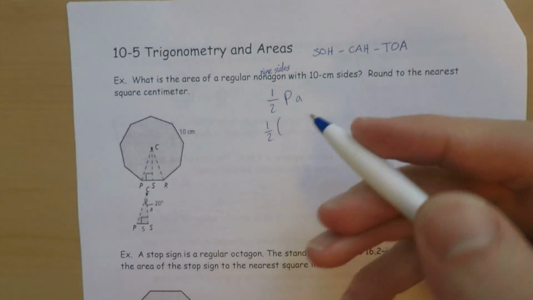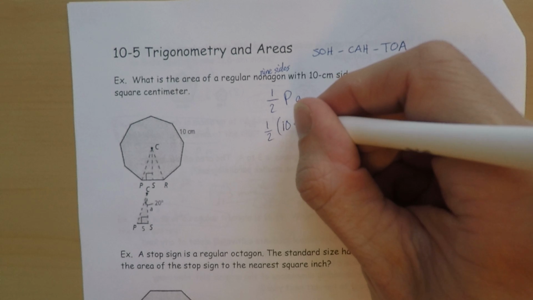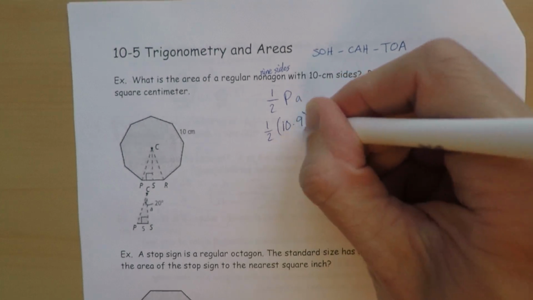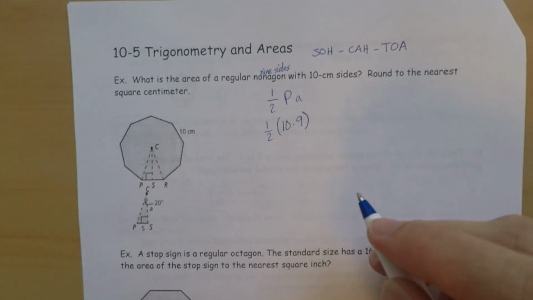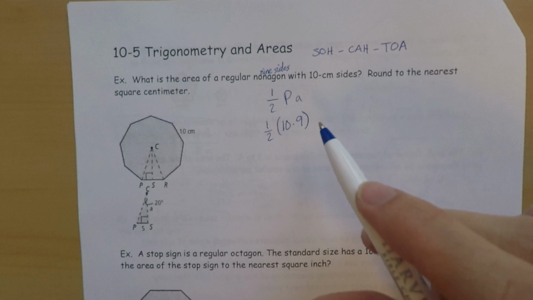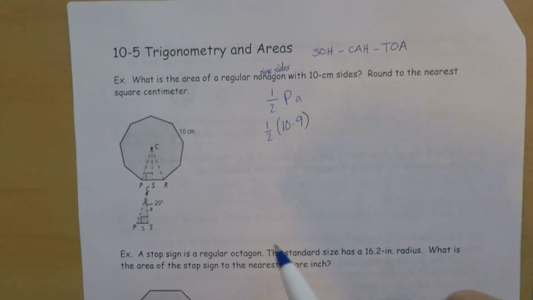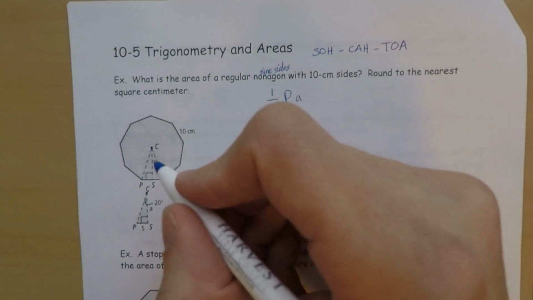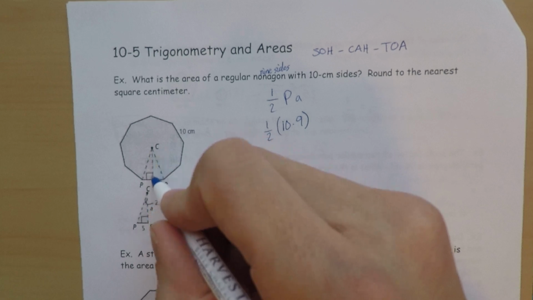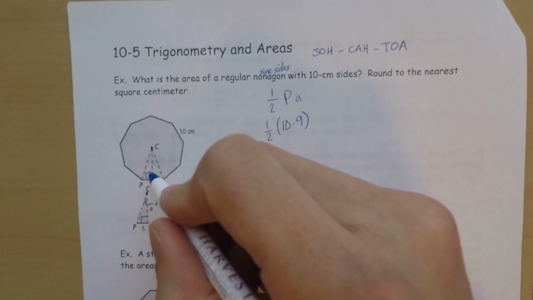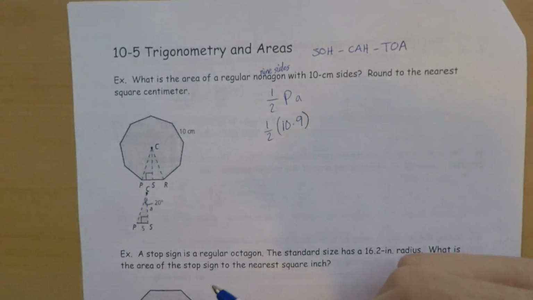We have 9 sides, so the perimeter is 10 times 9 centimeters. What we don't have is the apothem. That's drawn here in our figure. Here is an apothem. And we form these right triangles that we're going to use again to find that measurement.